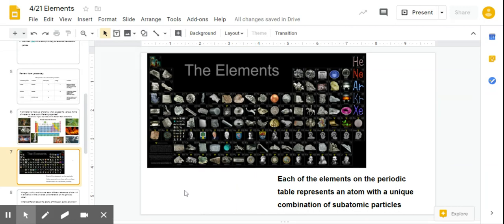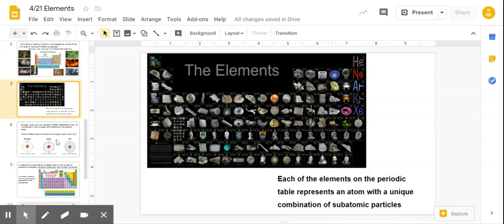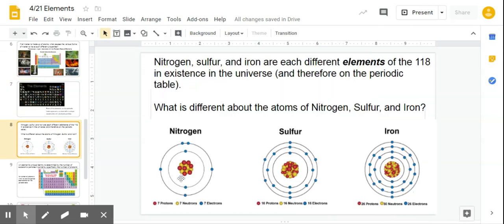Of these 118 elements, only 94 are found on Earth naturally, by the way. Each of these elements on the periodic table represents an atom with a unique combination of subatomic particles. So let's take a look at nitrogen, sulfur, and iron, for example. These are each different elements of the 118 in existence in the universe and therefore on the periodic table.